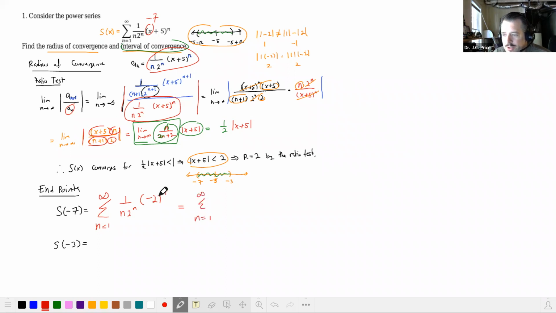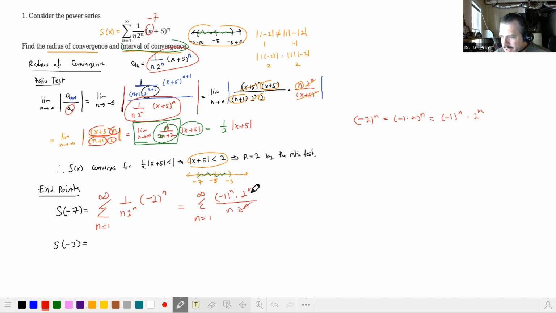So remember, -2 to the n is really, so maybe over here we'll write this. So -2 to the n, this is me just sort of thinking to show you, is really -1 times 2 to the n. Which remember, you can bring through exponents through multiplication. So it's -1 to the n times 2 to the n. And so here I'd write this as -1 to the n times 2 to the n on top. And on bottom, I have n times 2 to the n.